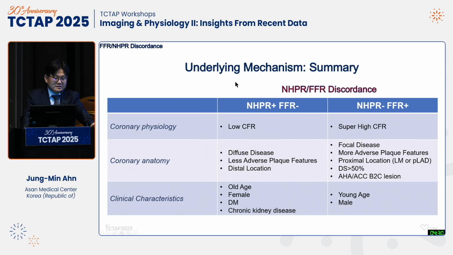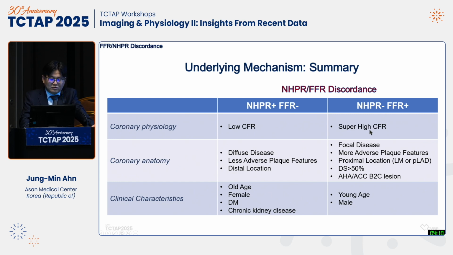So this is a summary of the underlying mechanism. Non-hyperemic pressure ratio positive discordant is associated with low CFR coronary physiology, diffuse disease, less adverse plaque characteristics, distal location, and old age, female, diabetes, kidney disease.